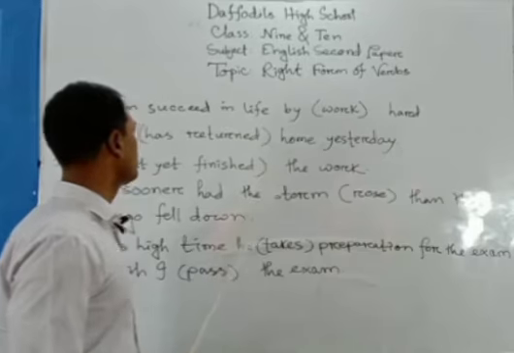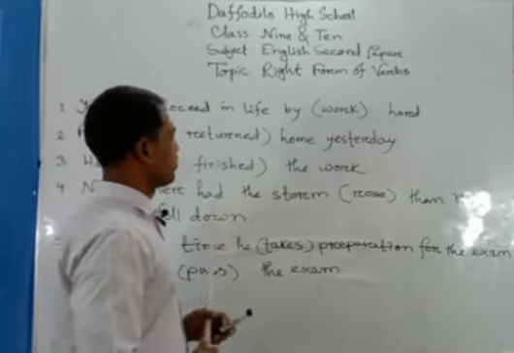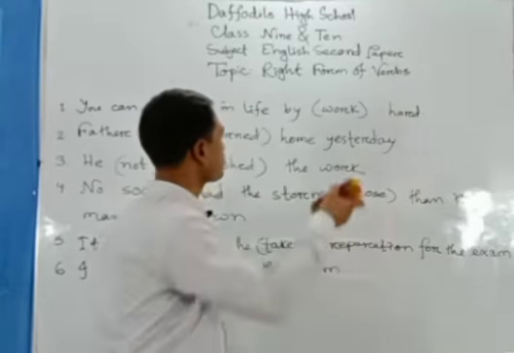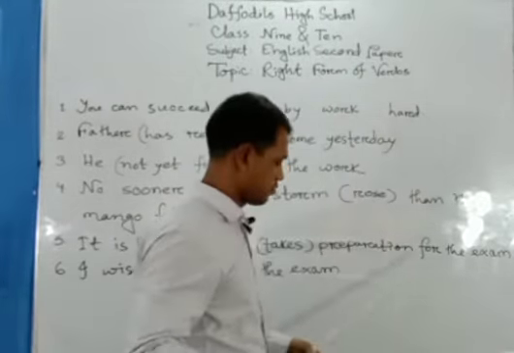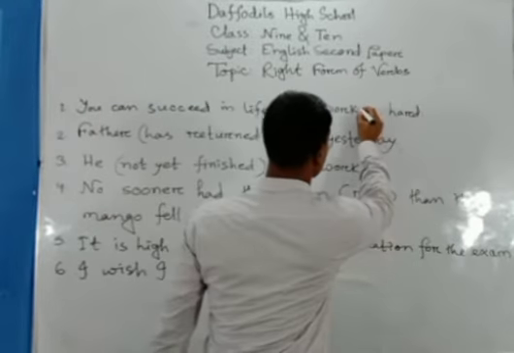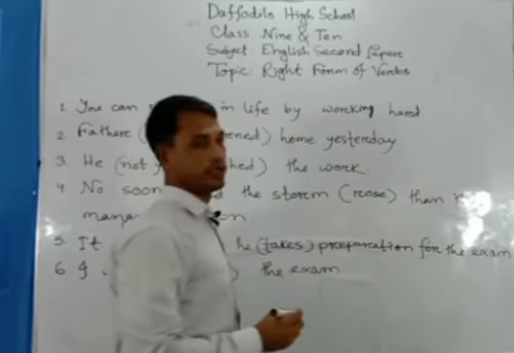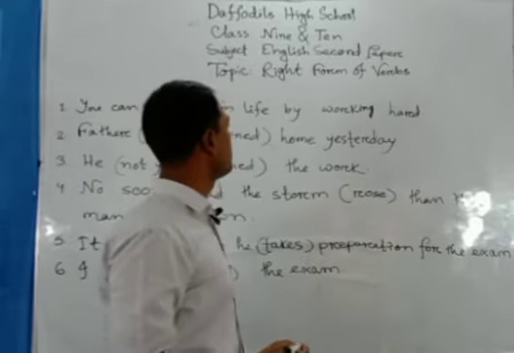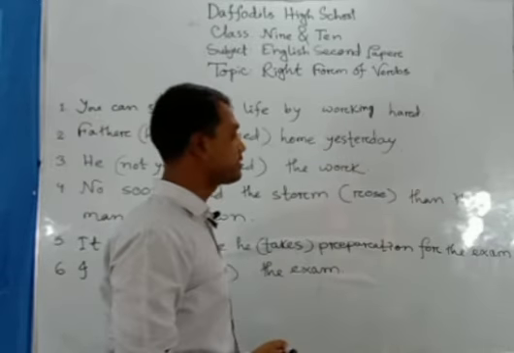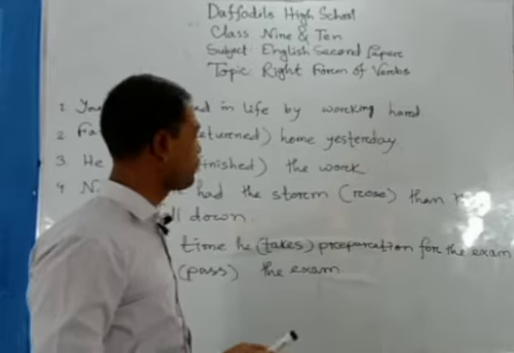For this reason, the correct pattern of this verb will be working. You can succeed in life by working hard. This time, this pattern of verb is correct. I think you are clear about this rule.